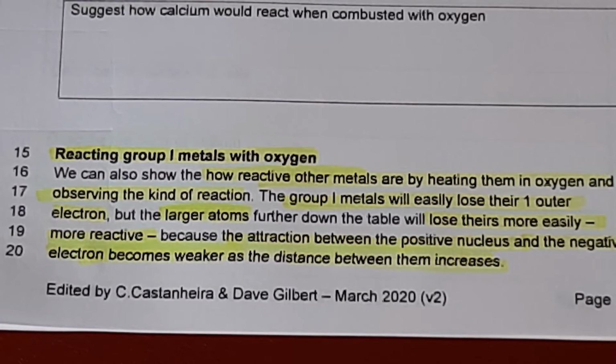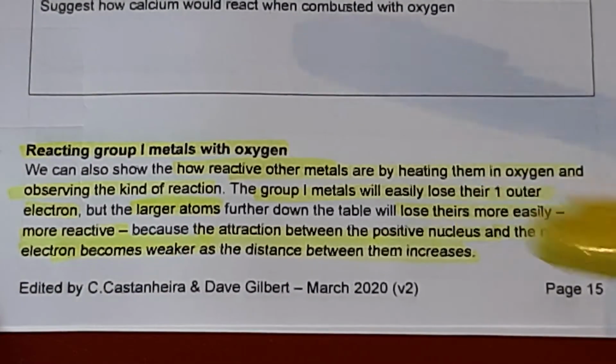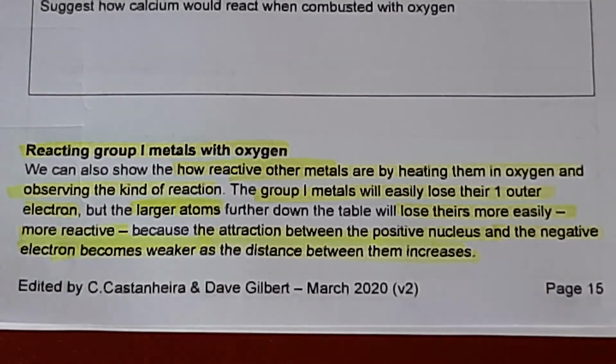The outer electron is negative, so they're attracted to each other. But when that element is very big and that outer electron is really far away from the nucleus, that attraction becomes quite weak, and so that outer electron is lost very easily compared to a much smaller atom.